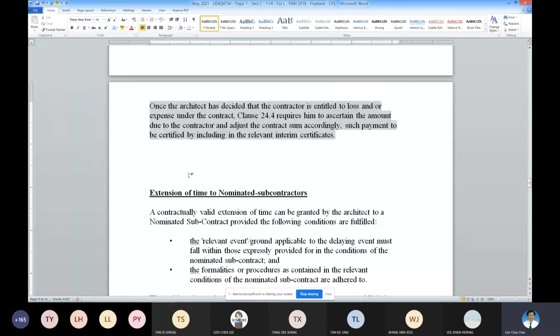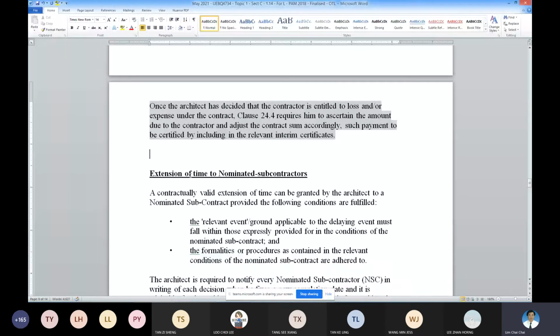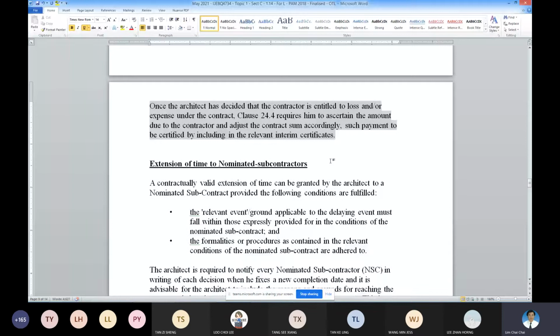So please remember, clause 24 is strictly related to loss and expense due to extension of time. You don't simply use other loss and expense claims and then go back to your clause 24. Repeat: clause 24 is only relevant when there is an extension of time granted under clause 23.